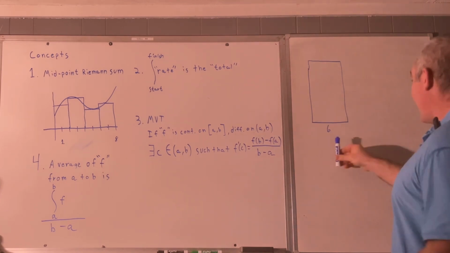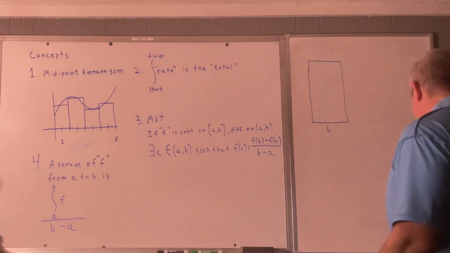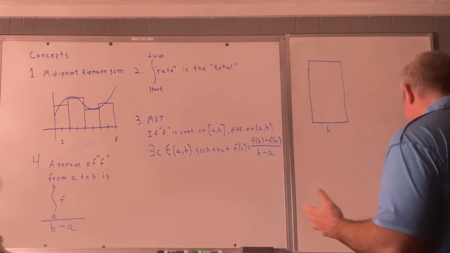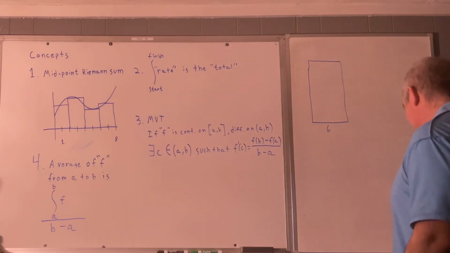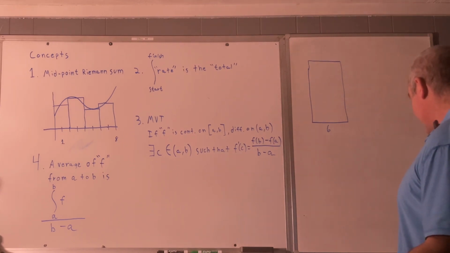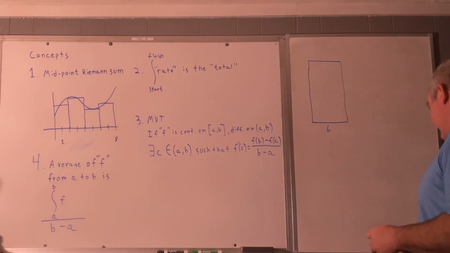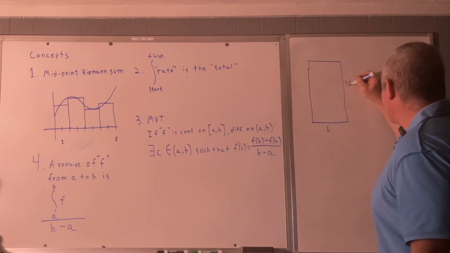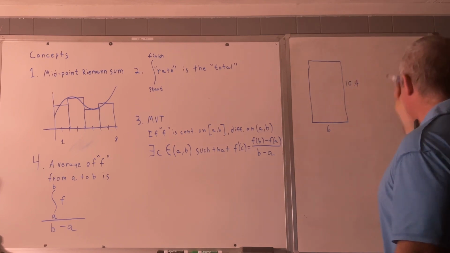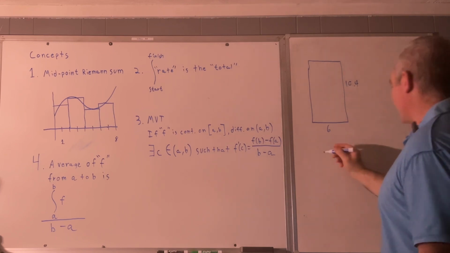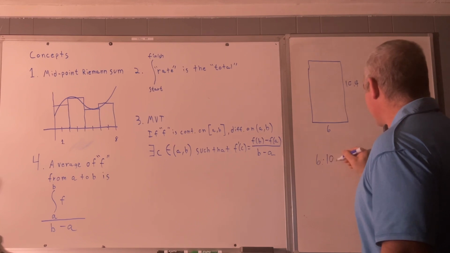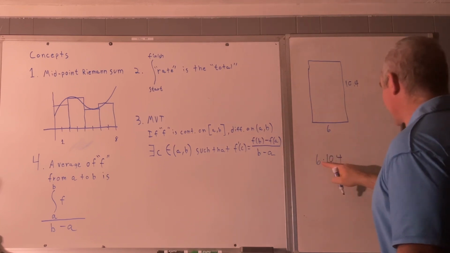Then the height is just going to be the value at the midpoint of our intervals. Our first interval is 0 to 6, so the midpoint of that is 3, and luckily the chart gives you that value. It is 10.4. So we have 6 times 10.4 as our first rectangle.